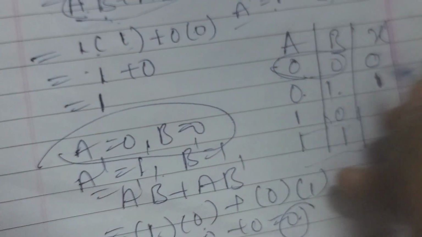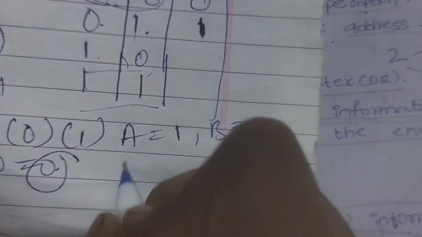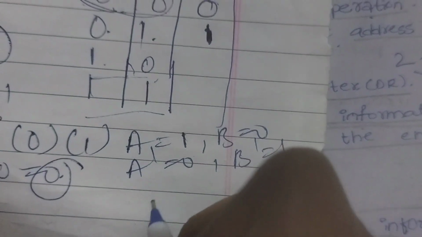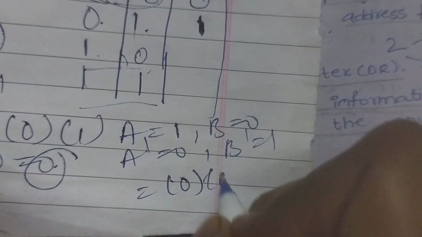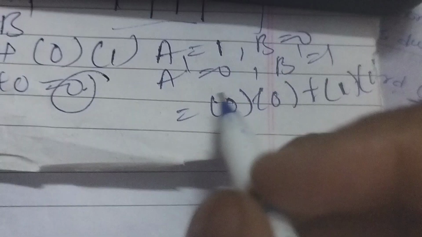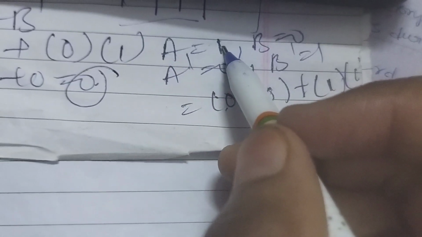Here 0 will come. For 1, 0, A equals 1, B equals 0, A dash value is 0, B dash value is 1. We need to multiply A dash into B. A dash is 0 into B is 0, plus B dash into A. B dash value for B equals 0 is 1, and A dash value for A equals 1 is 0.